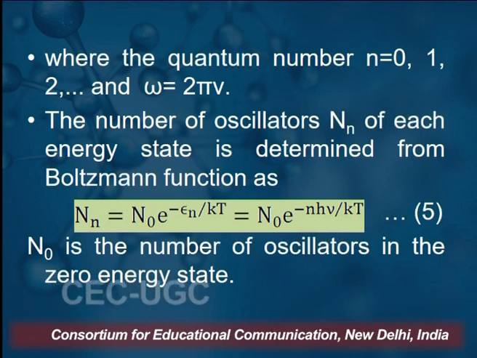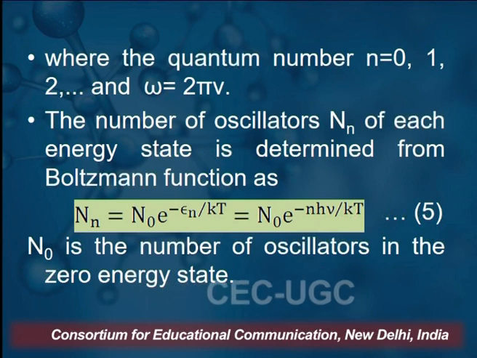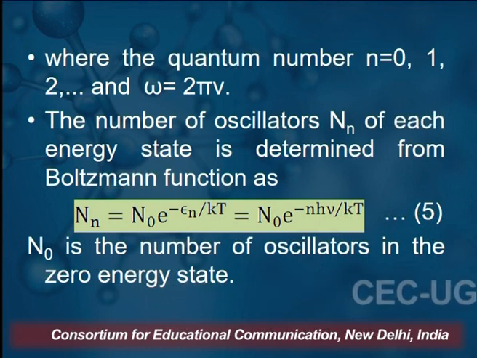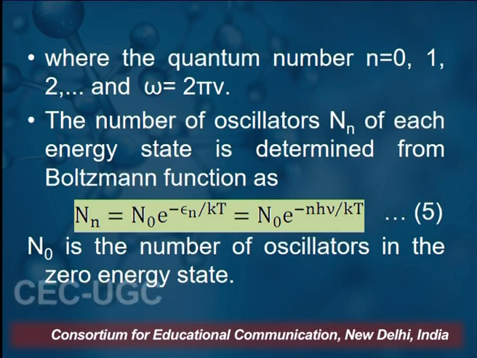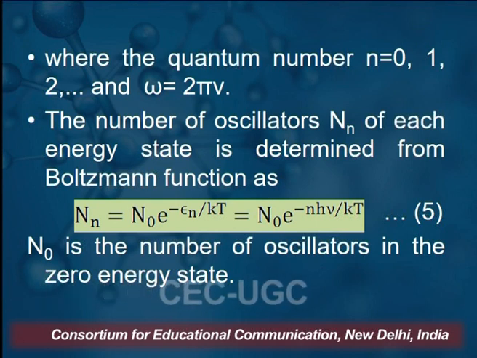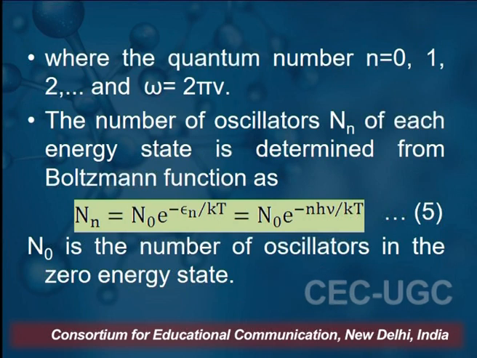So Nn will be equal to N naught e to the power of minus epsilon n by kT, that is N naught e to the power of minus n h nu by kT. N naught is the number of oscillators in the 0 energy state.